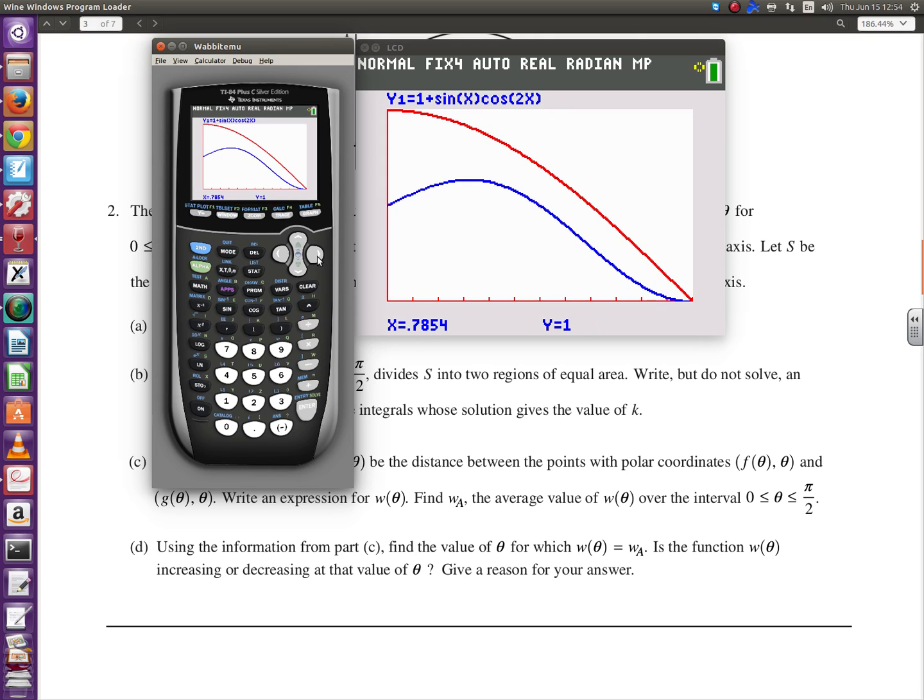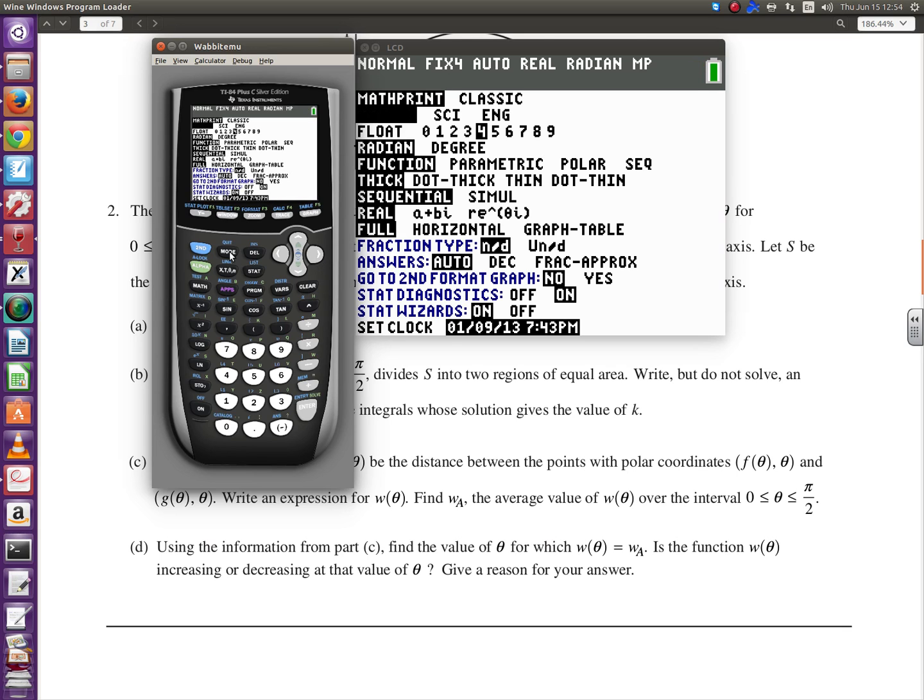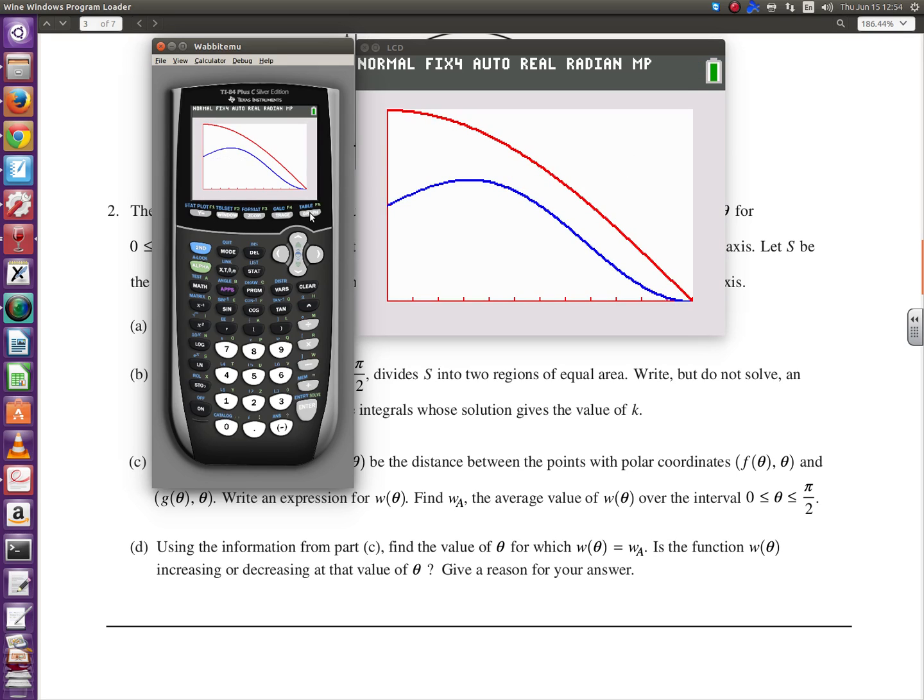I'm in ready mode. This graph doesn't look right. Something screwed up here.